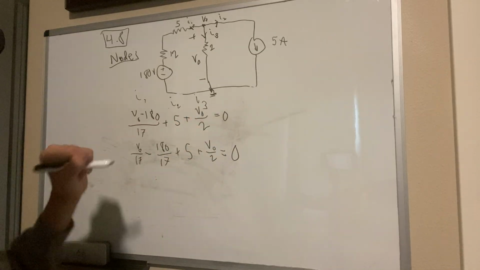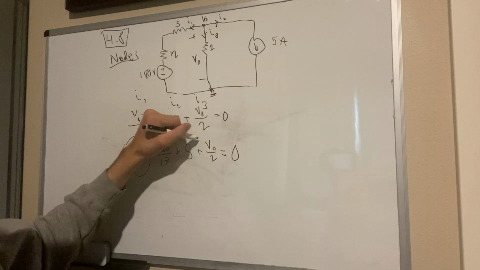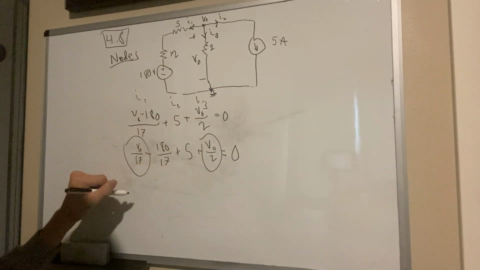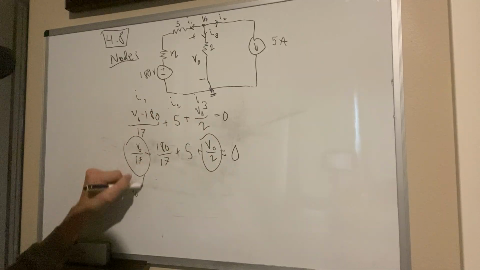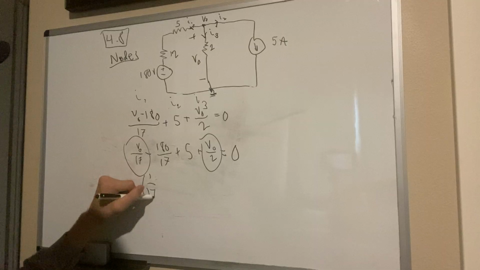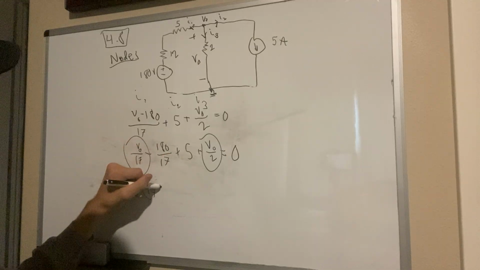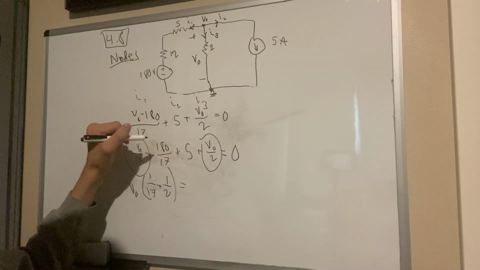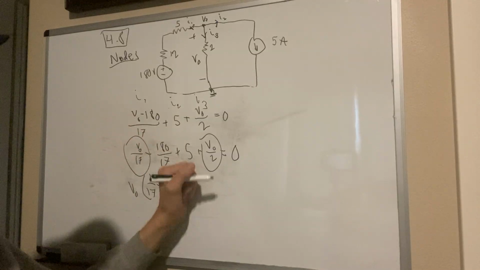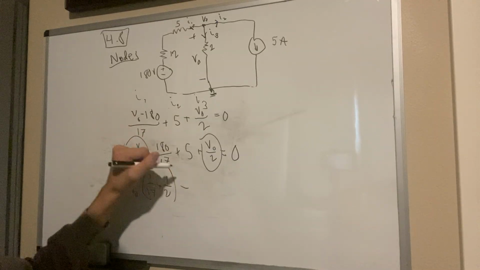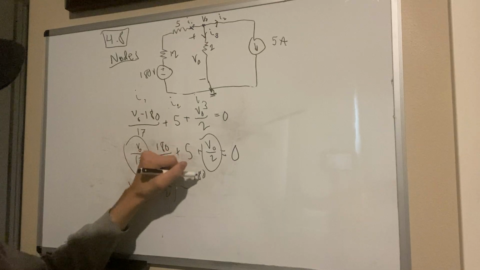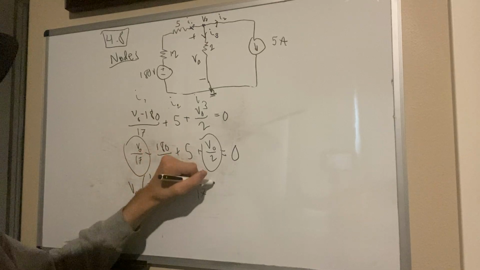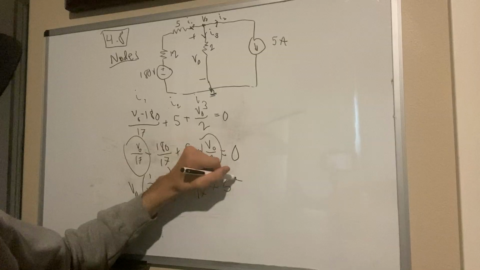So now we have this factor of V naught and this factor of V naught. If we factor out a V naught from them, then we get V naught times 1 over 17 plus 1/2, and then minus 180 over 17 plus 5 equals 0.